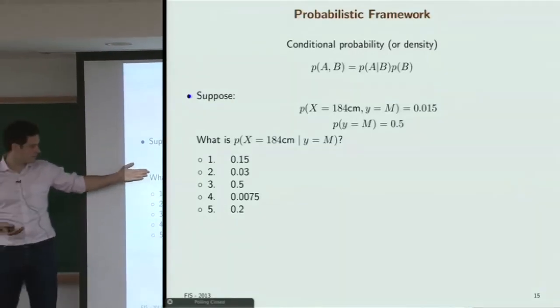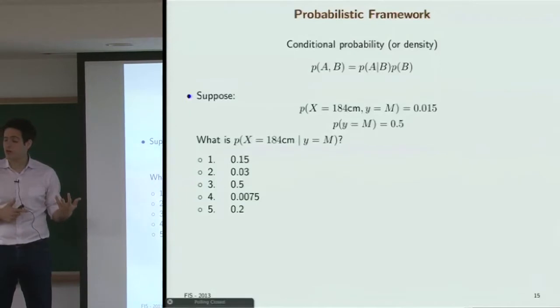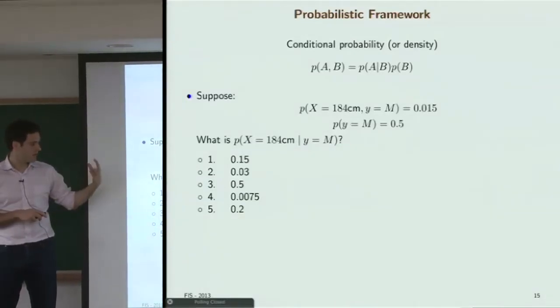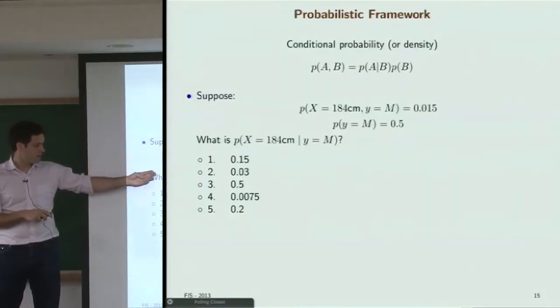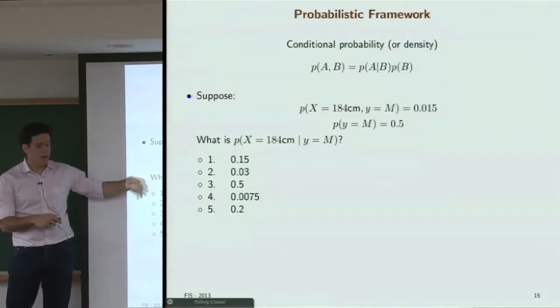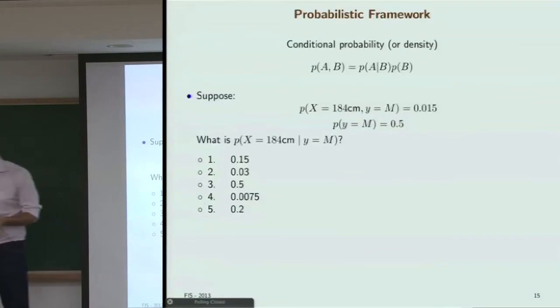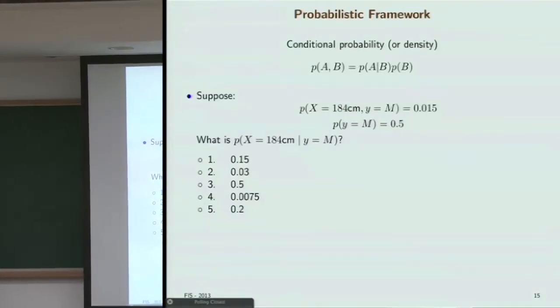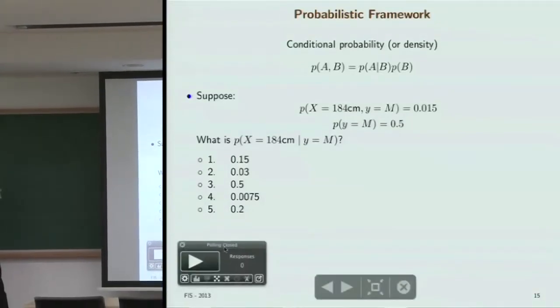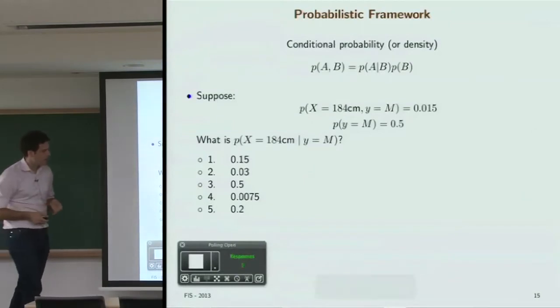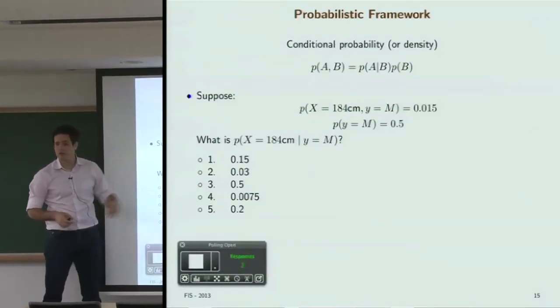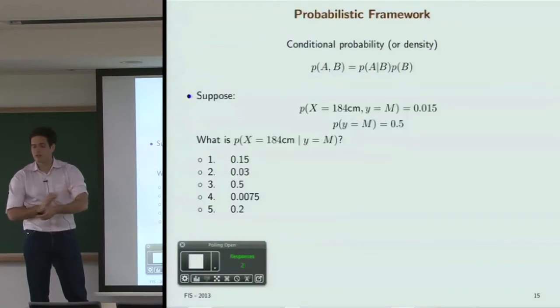So in that case, what is the conditional probability that the person's height is 184 if I have told you that the person's gender is male? Again, I'm just asking you to compute this. It should be easy.